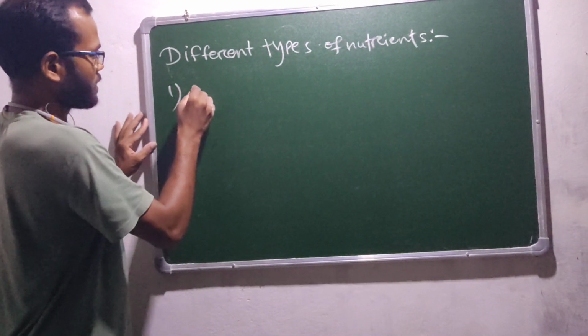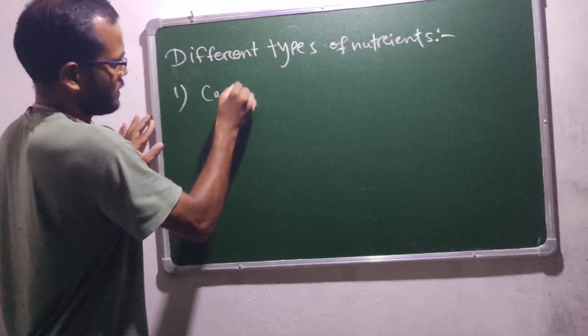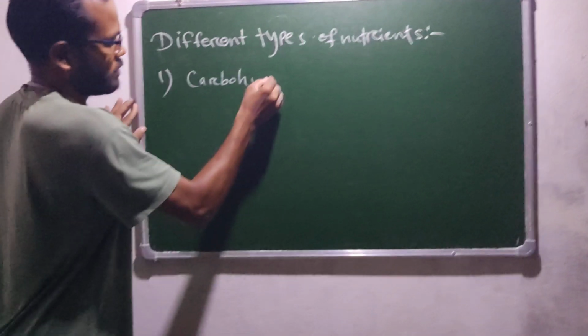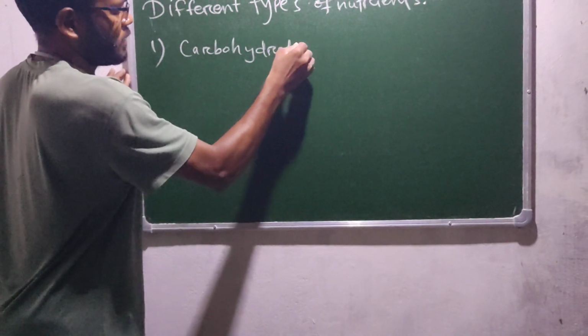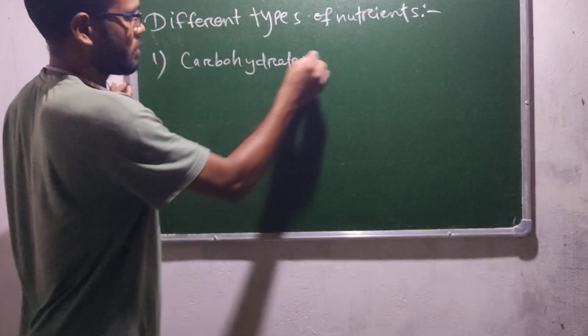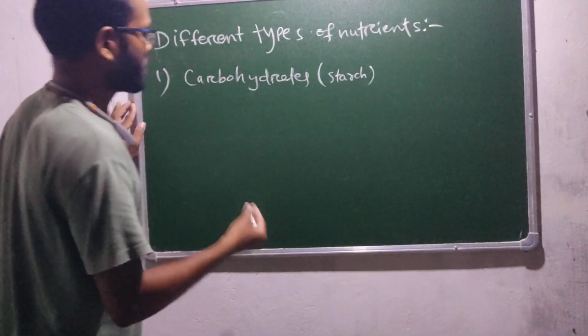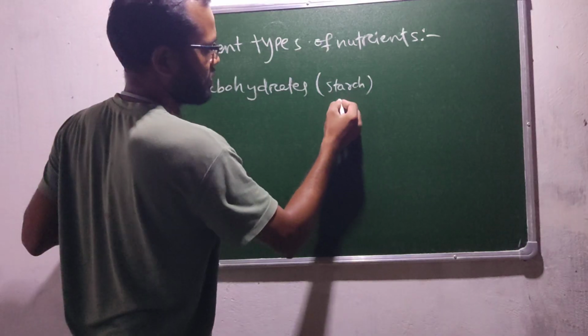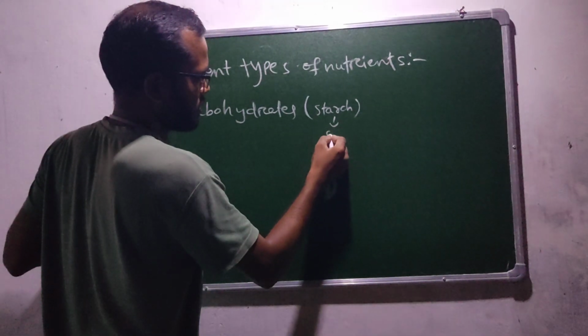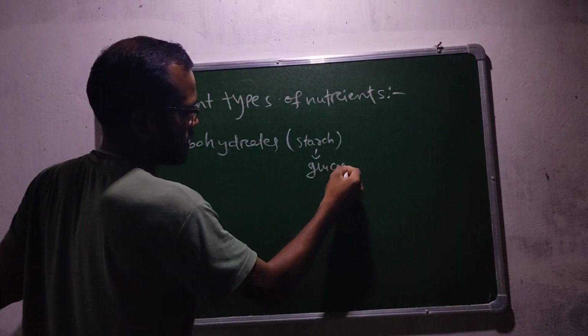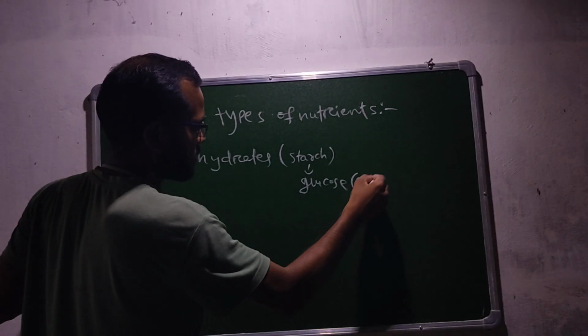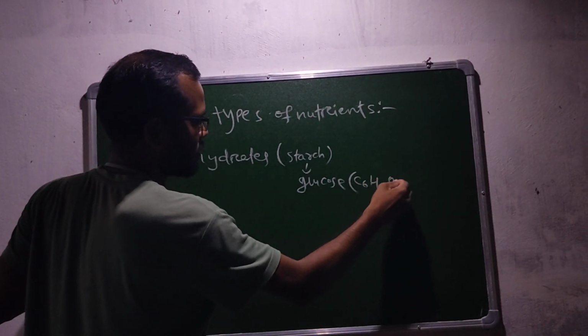So first is carbohydrate, which is also known as starch, glucose. The formula of glucose is C6H12O6.